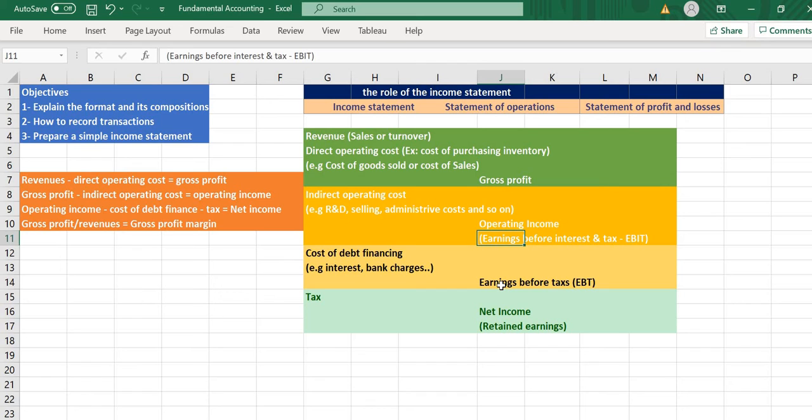So we deduct the cost of debt financing, interest, from the operating income. We're gonna have the earnings before tax, EBT. Once again, we minus the tax, the corporate tax rate. We're gonna have the net income or retained earnings.